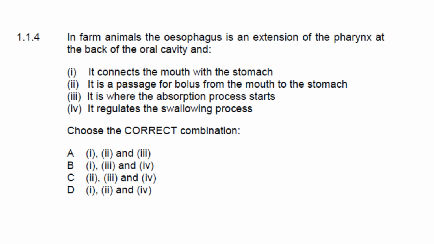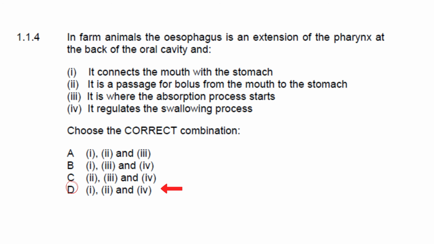Absorption doesn't occur here. So the correct combination would be 1, it connects the mouth to the stomach, then 2, it transports the bolus, and then number 4, it regulates the swallowing process. That means the correct answer is D.